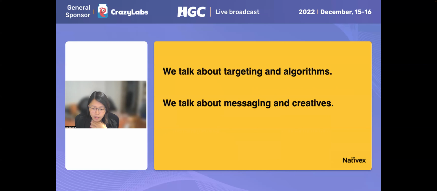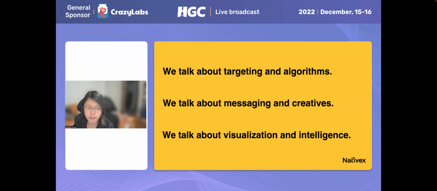And that's not all. Once we deliver the messaging through the platforms to our audiences, how did everything work? How can I identify the results and the next steps in the best effortless way? So that gives visualization and intelligence.